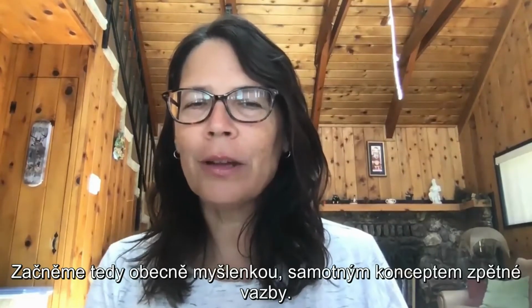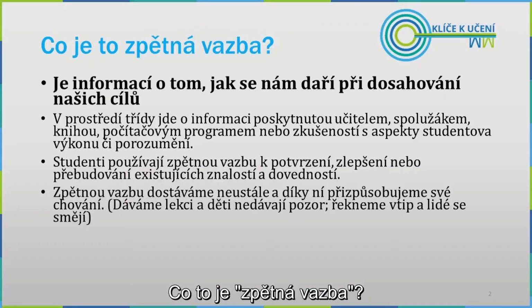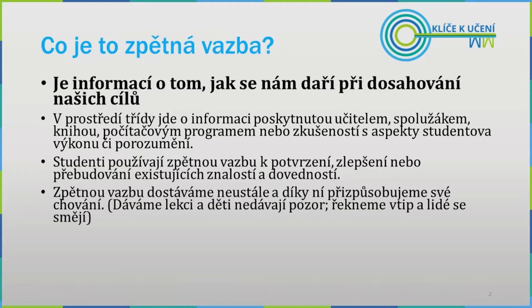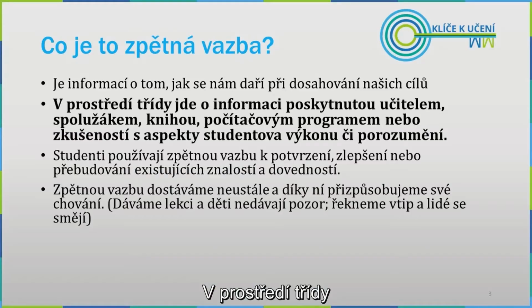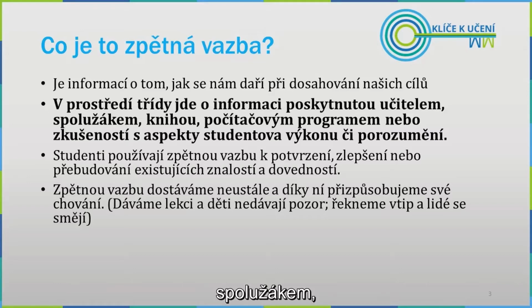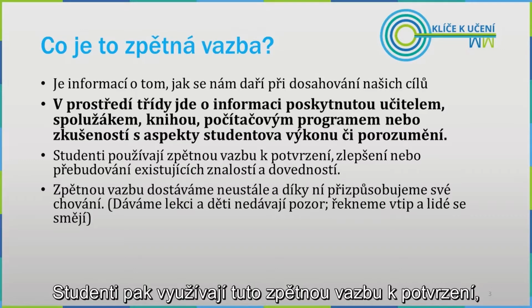So let's start with the concept of feedback in general. What is feedback? Feedback is information about how we are doing in our efforts to reach our goal. In a classroom setting, feedback is the information provided by a teacher or a peer or a book or a computer program or an experience about some aspect of a student's performance or understanding.